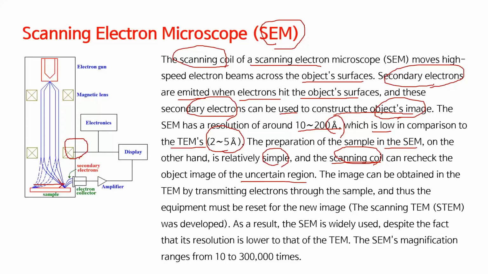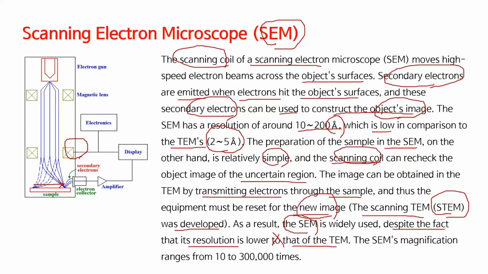The image can be obtained in the TEM by transmitting electrons through the sample, and thus the equipment must be reset for the new image. But nowadays, the scanning TEM was developed, so we can also recheck the uncertain region using STEM. As a result, the SEM is widely used despite the fact that its resolution is lower than that of TEM.